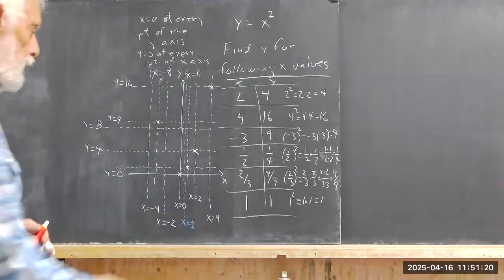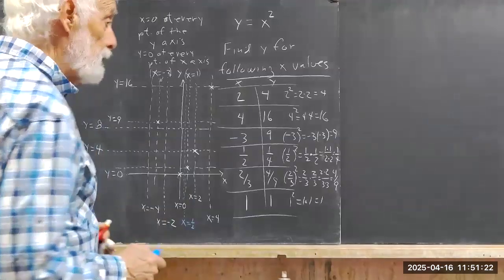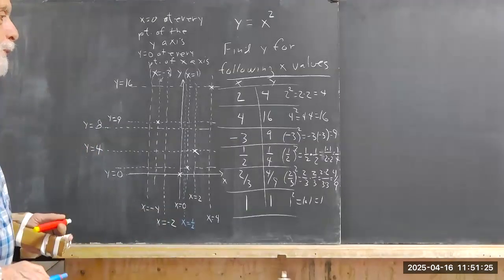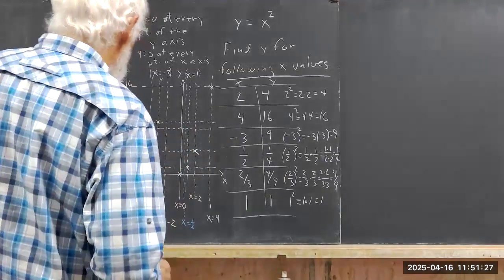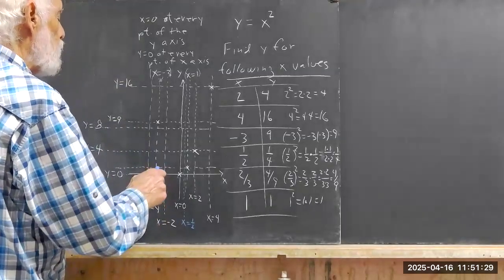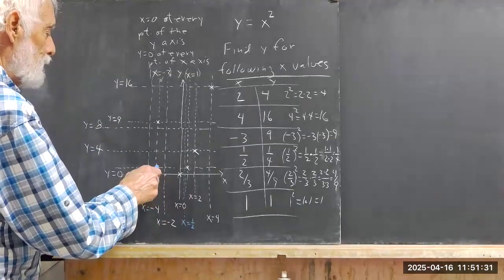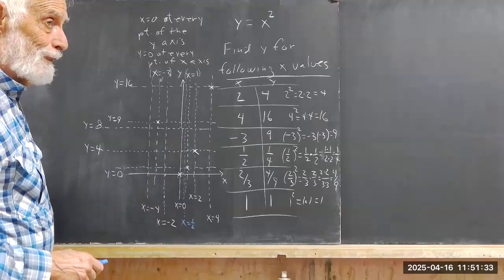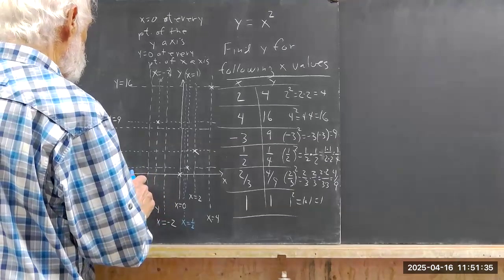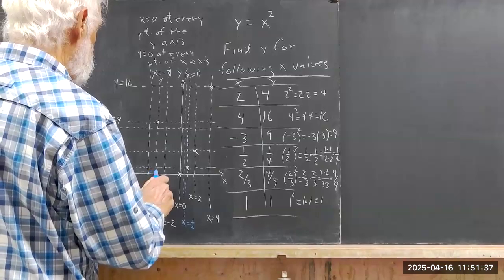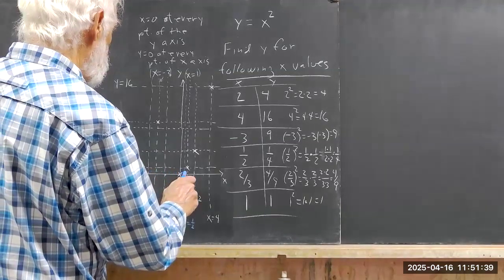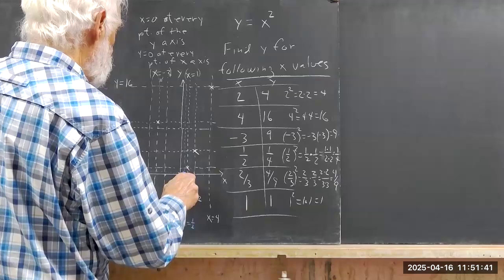So there's x equals 1/2, halfway between 0 and 1. Okay. Where's x equals 1/4? Well, it's 4 times as close to the x-axis as this line. Okay. So it's way down here, real close to the x-axis. So we get a point about here.